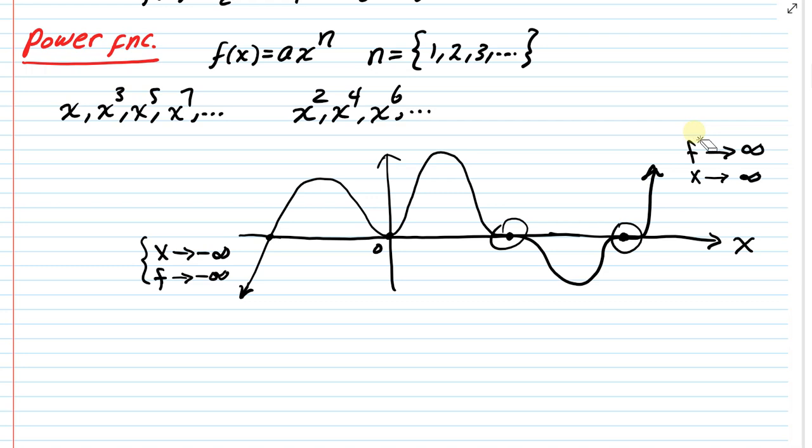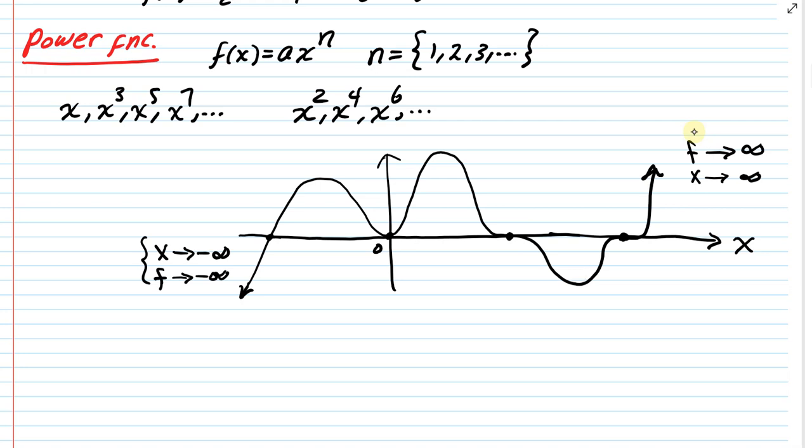Well, based on what we just observed on my graphing utility, if the graph of the function touches and bounces from the x-axis, that x-intercept is going to have some kind of an even power. If it goes through it, then that x-intercept has an odd power.